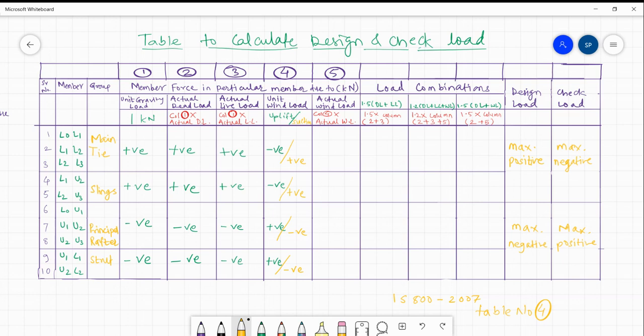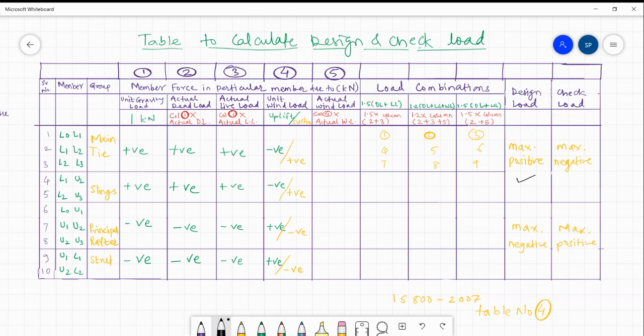So here you are getting roundabout 9 values: 1, 2, 3, 4, 5, 6, 7, 8, 9. So 9 values you are getting for the main tie. Out of these 9 values, some will be positive, some will be negative. The maximum positive value will be taken as the design load.